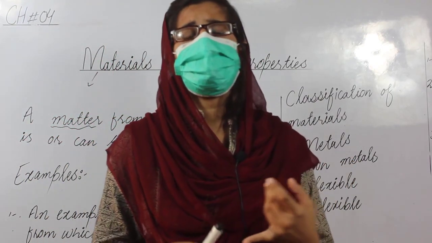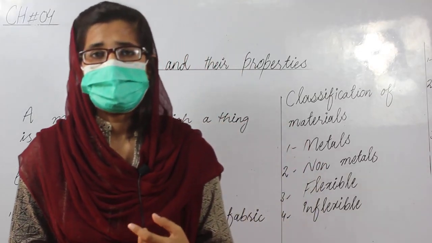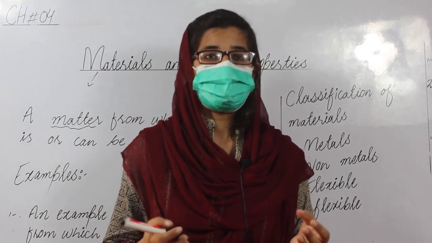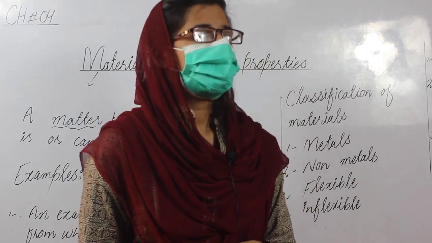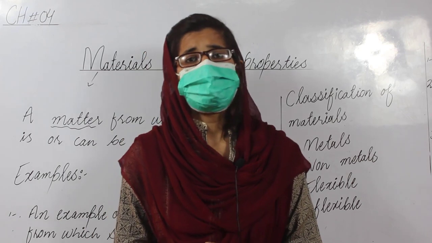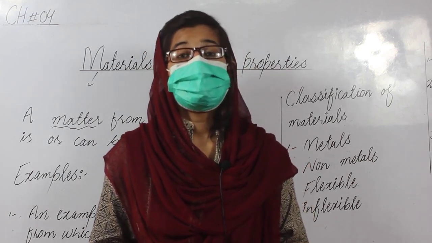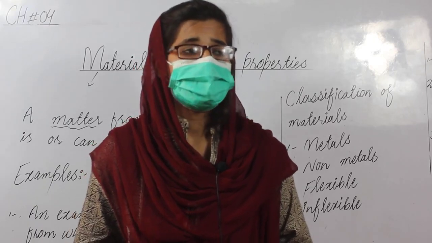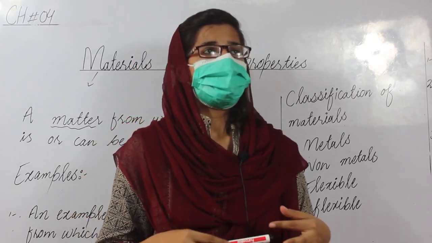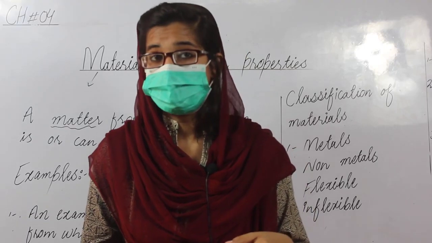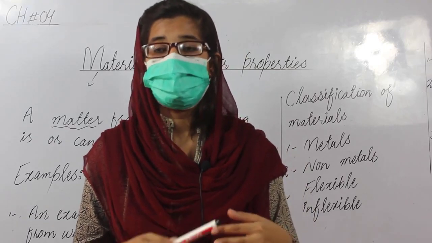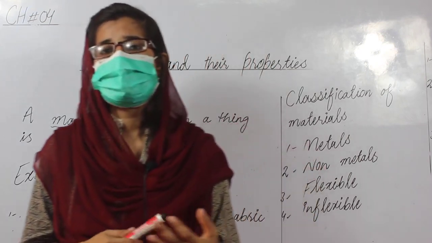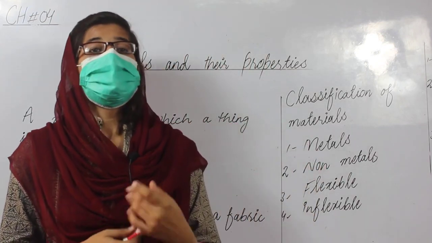Examples of metals are copper, silver, iron, and gold. Gold is used to make jewelry. Examples of non-metals are oxygen, chlorine, wood, and rubber. Rubber is used to make different things, and because it is an insulator, it is a poor conductor of heat and electricity. Students, I hope you enjoyed the lecture.